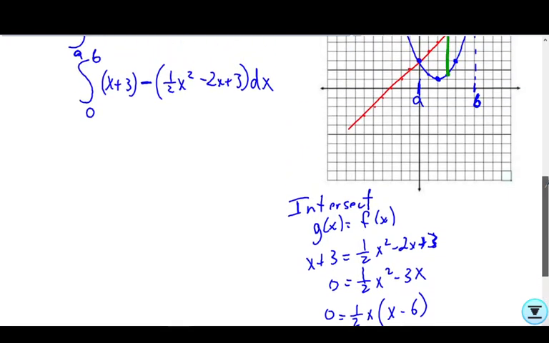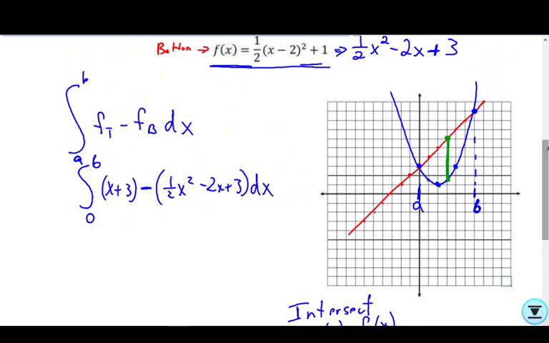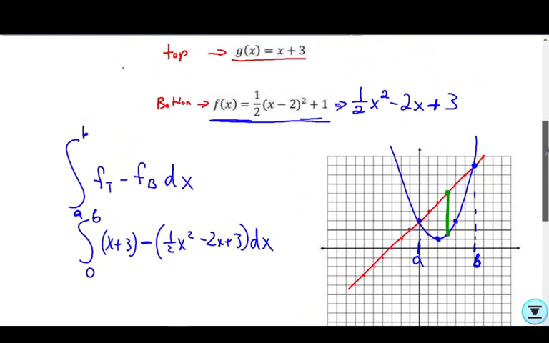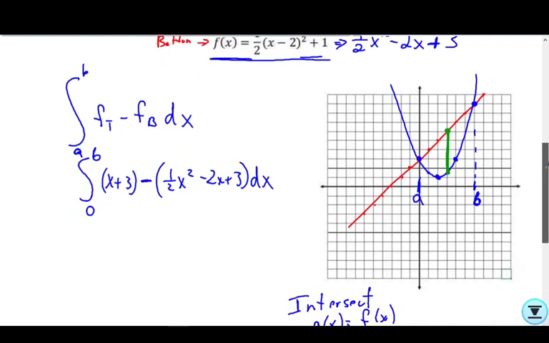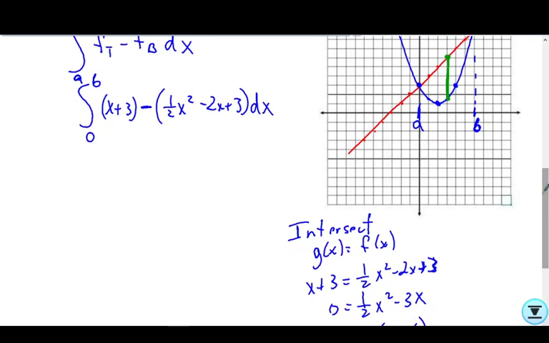And then all you have to do is pick a point anywhere between there and plug it in and figure out which one's a bigger value. So say I plugged in 2. When I plug 2 into my top function, I get 5. When I plug 2 into my bottom function, I get 1. So which one's on top? That would be that one. So that's another way of doing it. Okay, so if you don't want to sit there and graph it, you don't have to.